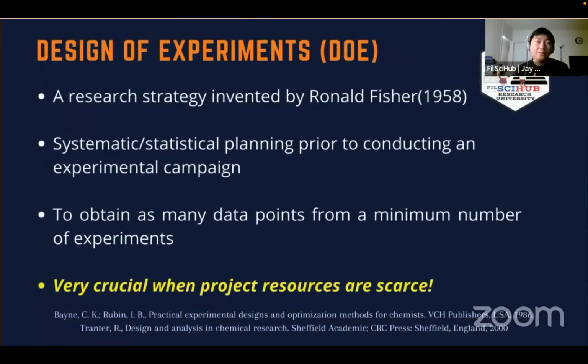Kasi most of the time we are limited by our budget or time, kasi nga yung research project ng mga estudyante ay limited lang within 1 year yung experimentation. So that's why they really need to finish within a certain time frame. And yeah, of course, these are very crucial kapag limited po yung budget natin and kailangan natin magtipid.